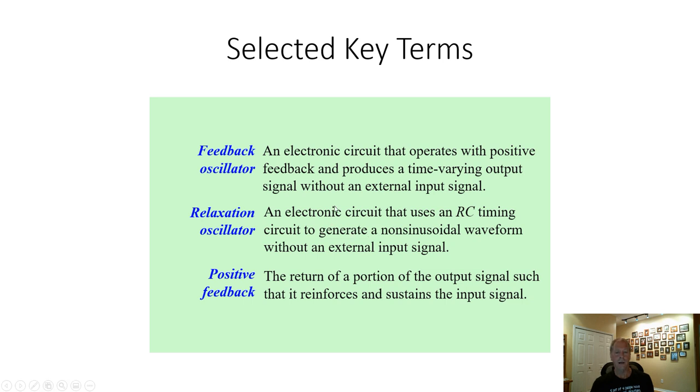Then there's a relaxation oscillator, which uses RC timing circuits and generates square waves, triangle waves and sawtooth waves. Again, no external signal. And positive feedback is used in these oscillators to sustain the signal.